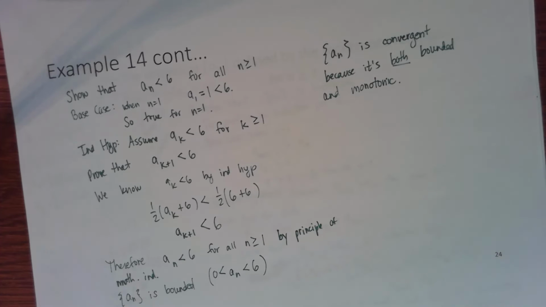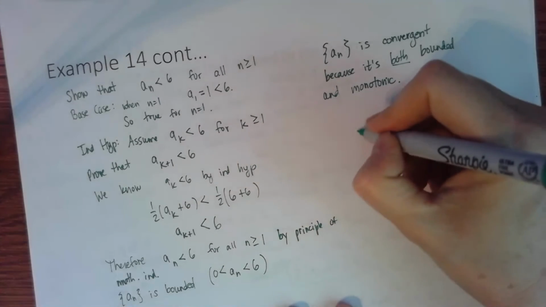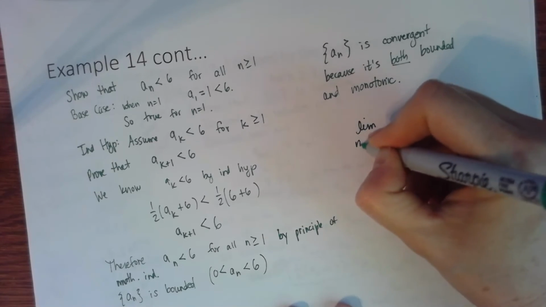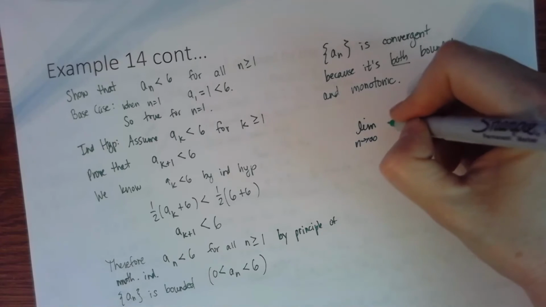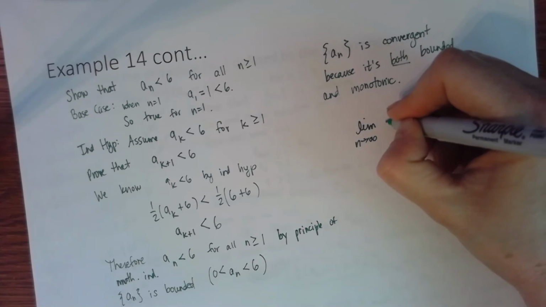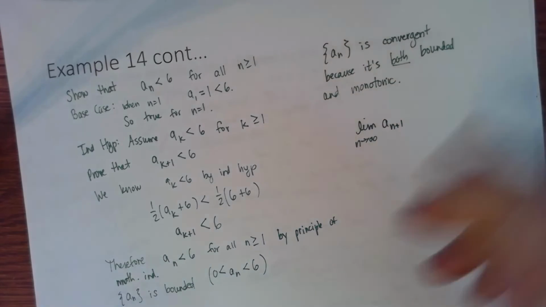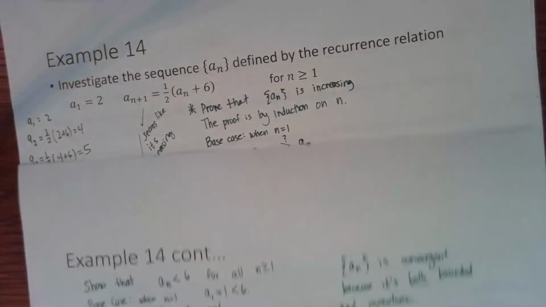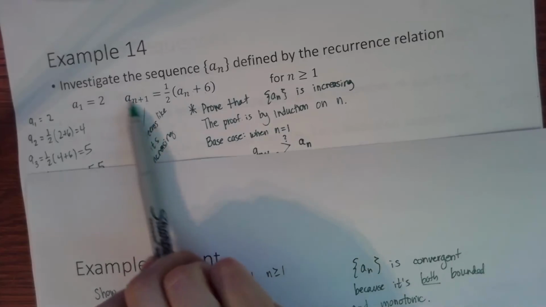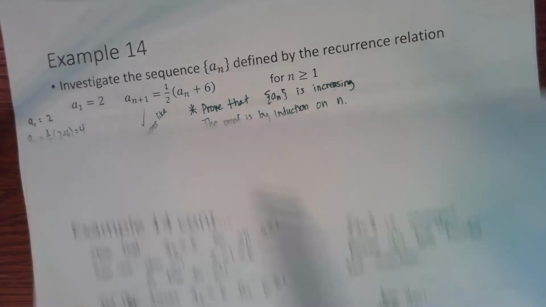And then the last thing we might want to look at is, sure, it's always less than 6, but is that actually the limit? So let's look at the limit as n approaches infinity of a sub n plus 1, which is like using our recursive rule right here.